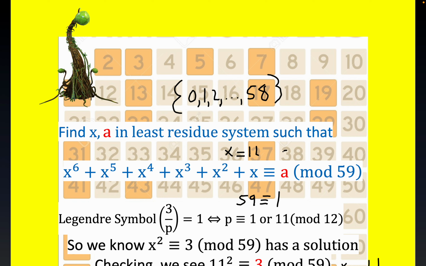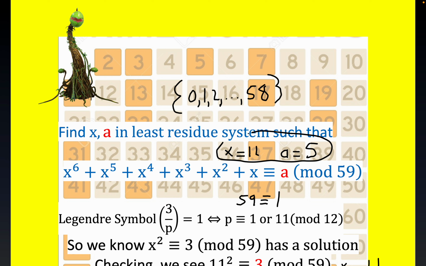And A is equal to 5. I don't make my A the way they make their A. That A has withstood a lot of criticism over the years. But anyway, A is equal to 5, and X is equal to 11 is the answer.